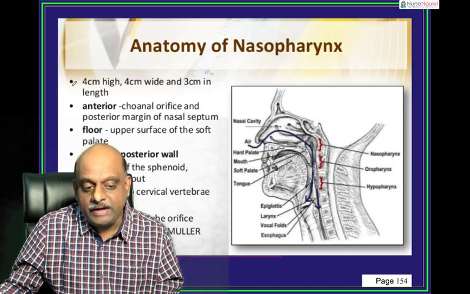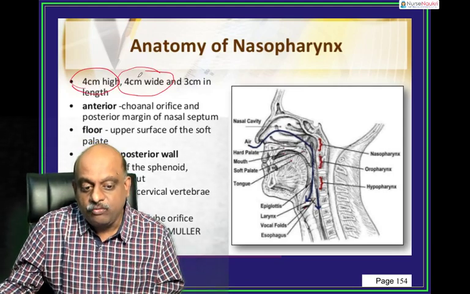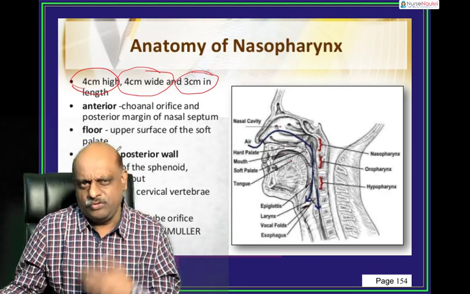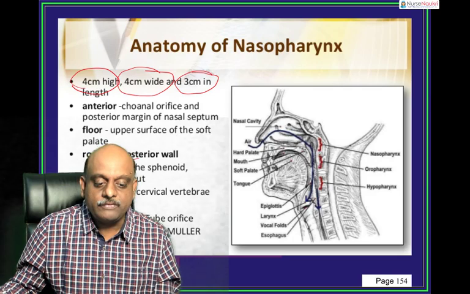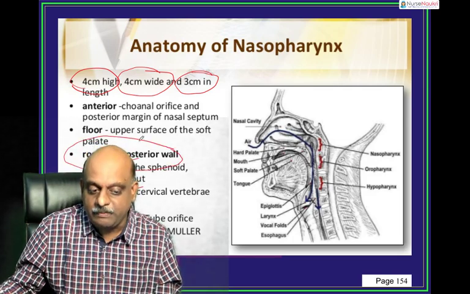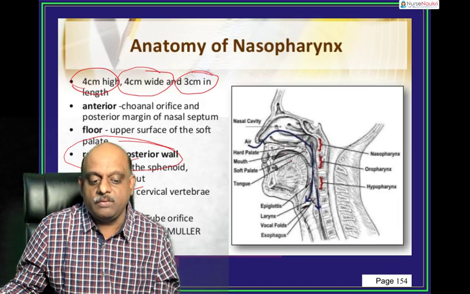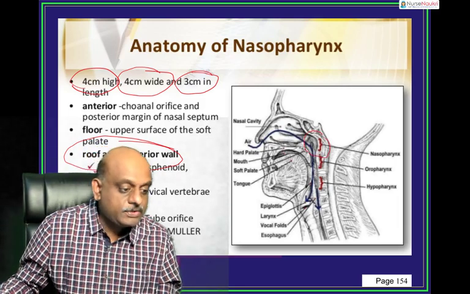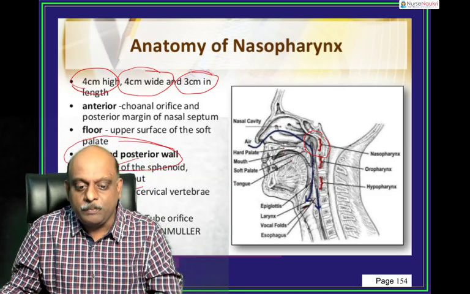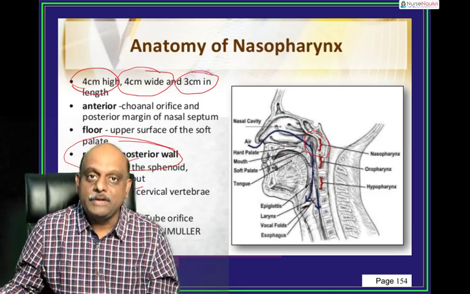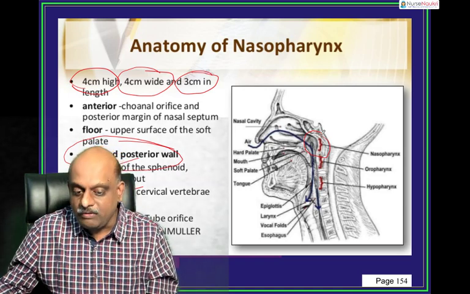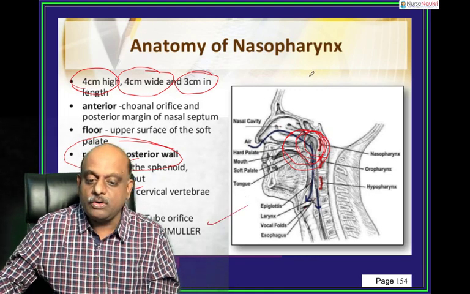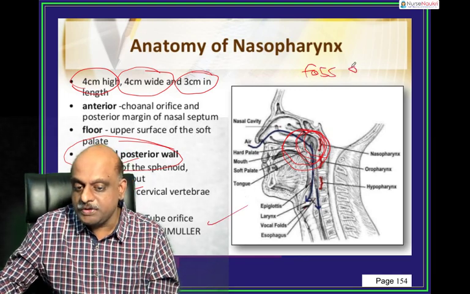So, the nasopharynx is 4 centimeters high, 4 centimeters wide, and 3 to 4 centimeters in length. The body of the sphenoid and the first 2 cervical vertebrae form the roof and the posterior wall. The lateral wall of the nasopharynx is the place where the eustachian tube makes an opening, is what you need to remember. Along the lateral wall of the nasopharynx, you have a very important structure called the fossa of Rosenmuller.